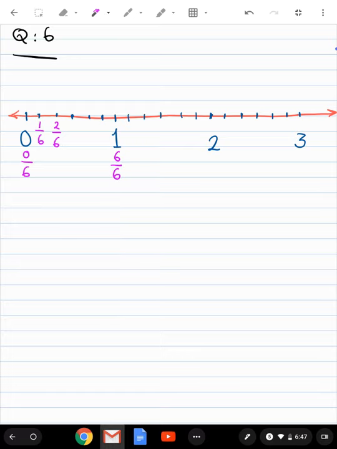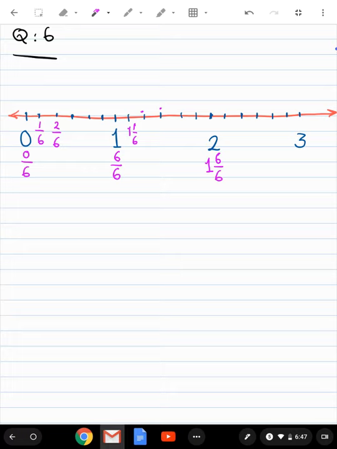Then here it will be 1 whole and 1 out of 6. Then 1 whole and 2 out of 6. Then 1 whole and 3 out of 6, and so on. Then when we reach the 2, it will be 1 whole and 6 out of 6, which is 2.